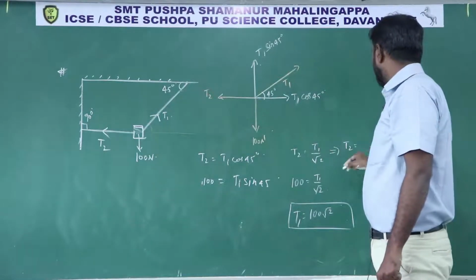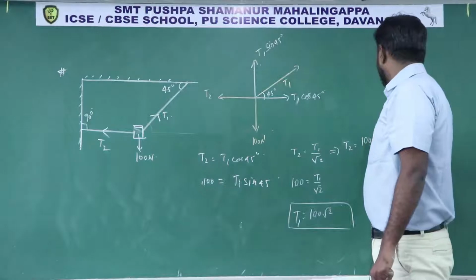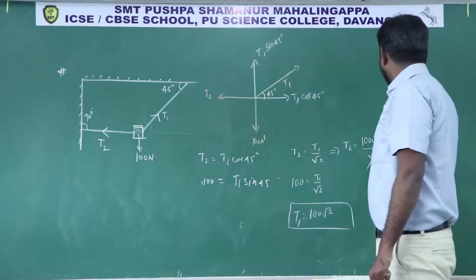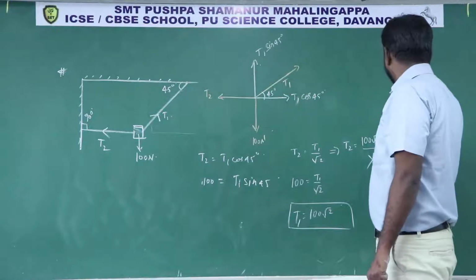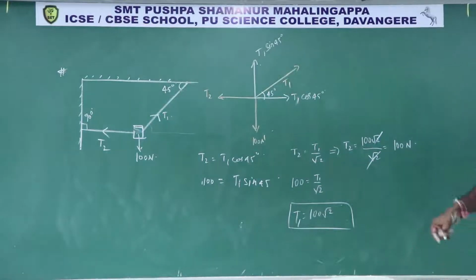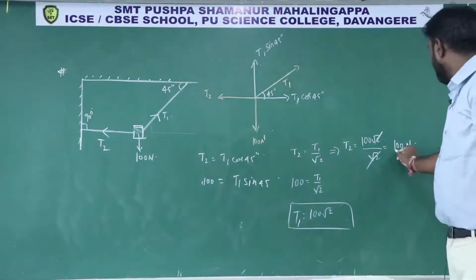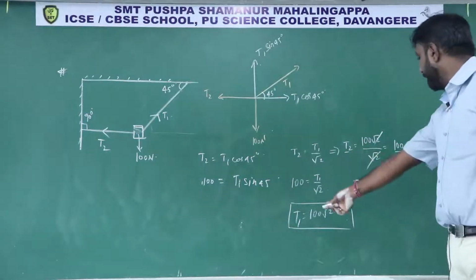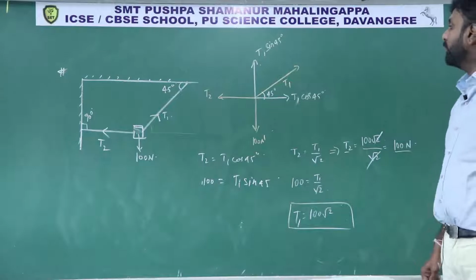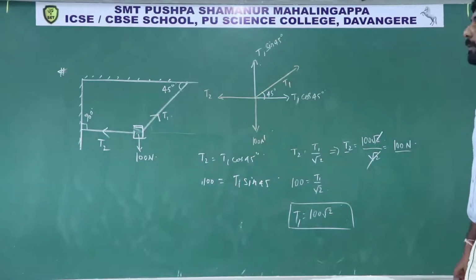T2 is equal to T1 by root 2, that is 100 root 2 by root 2. This will get cancelled, and the T2 value becomes 100 Newton. Right. That means T2 and this 100 Newton are equal, and the T1 value is 100 root 2. This is one method to solve the problem.